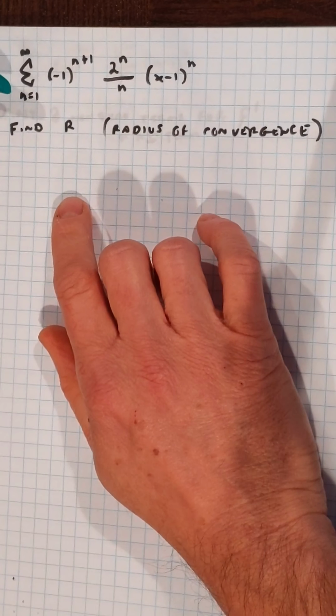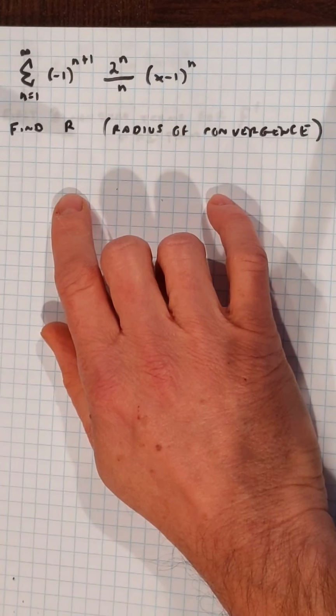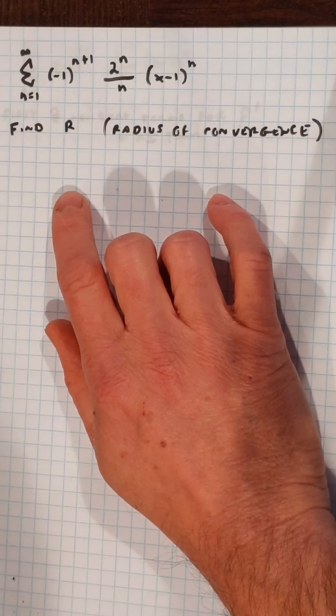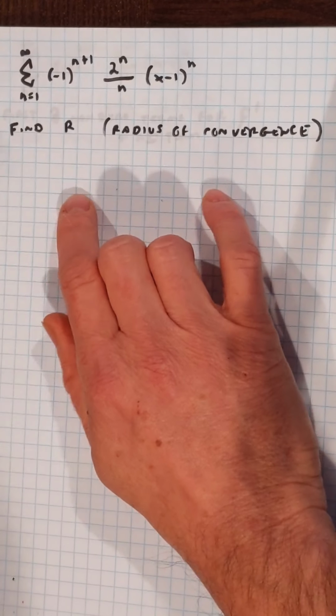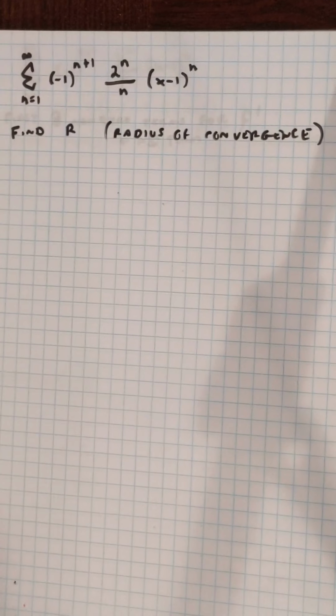But given the way the questions ask, I'm going to assume in order for me to get a radius of convergence, two choices. Either it's geometric, or second thing, you can find an R using the ratio test. That's the choices. So what I'm going to do is find the R using the ratio test.